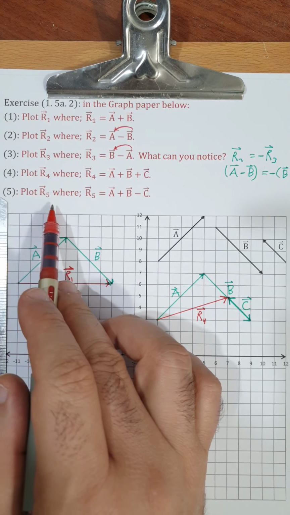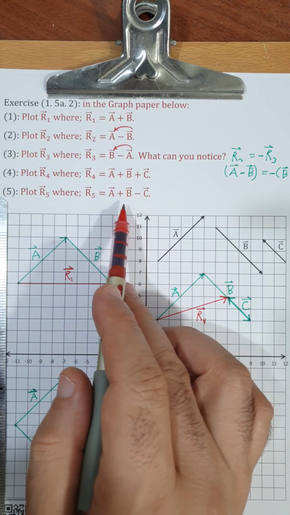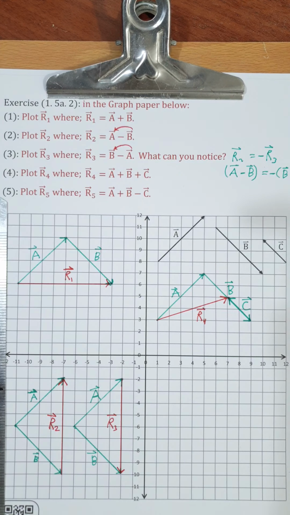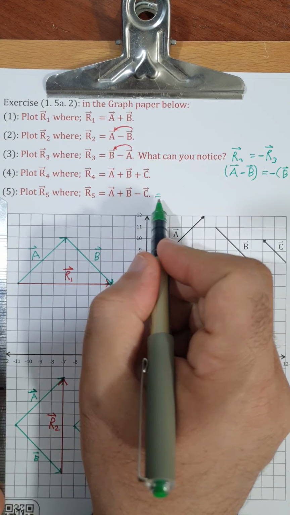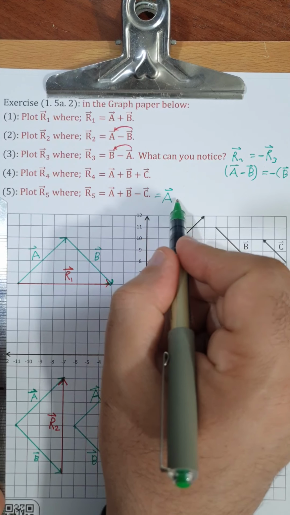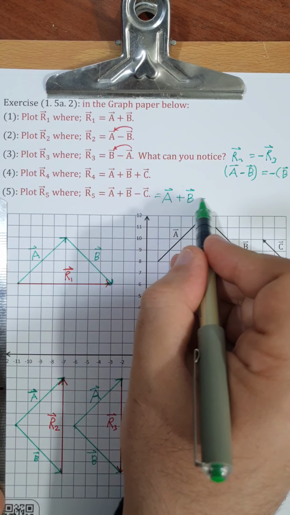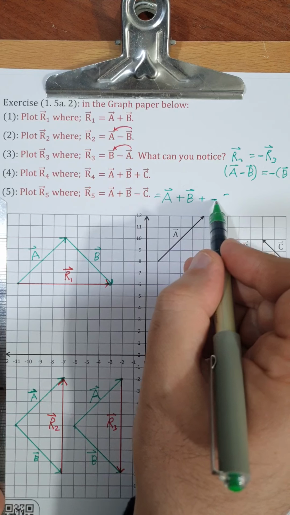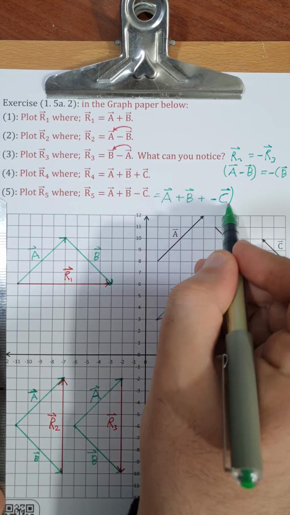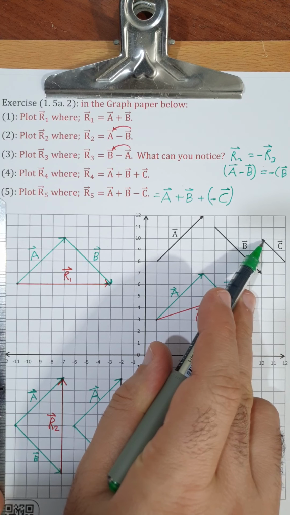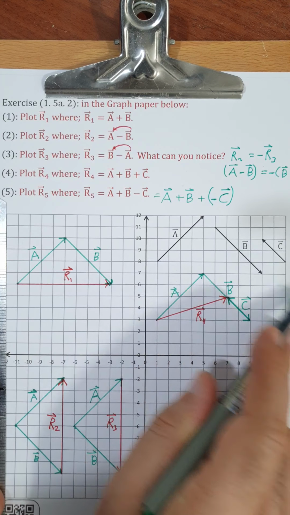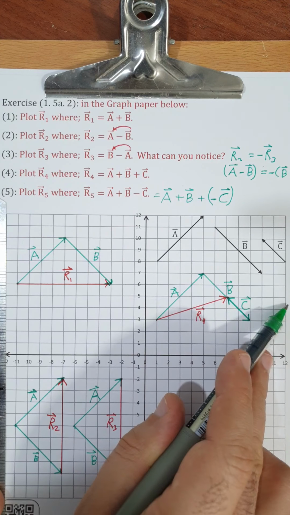Fifth, plot R5 where R5 equals A plus B minus C, sorry. So do it as follows: A plus B plus minus C. Minus C is going in the southeast direction, in this direction.